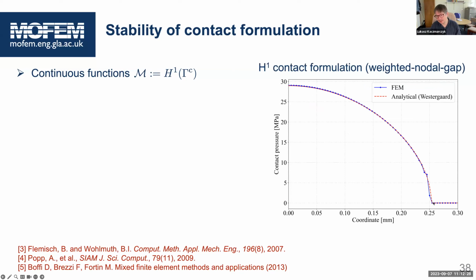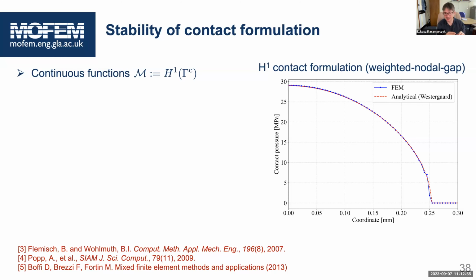When we choose H1, we have the analytical solution in red and the finite element solution, and we cannot avoid creating an error at the contact front, because the contact front will not be precisely on top of a node.